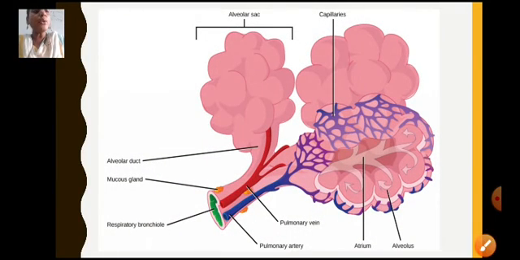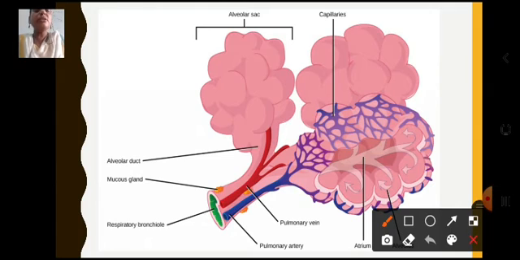Now, at their ends, the bronchioles contain sac-like structures, and these are known as alveolar sacs, or air sacs. Why air sacs? Because as we take in air, it will pass first through the nostril, through the nasal cavity, then through the pharynx, larynx, and finally the trachea.